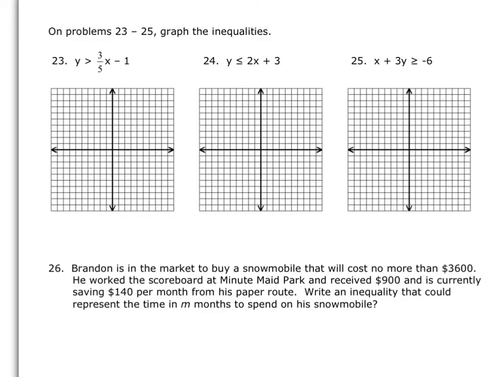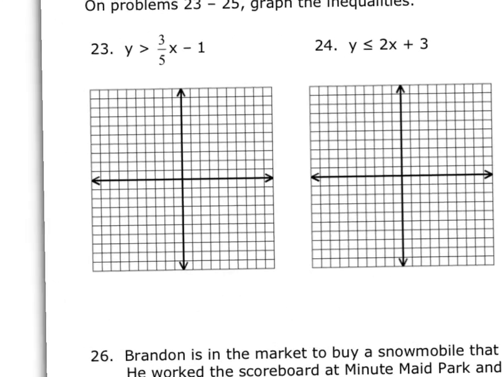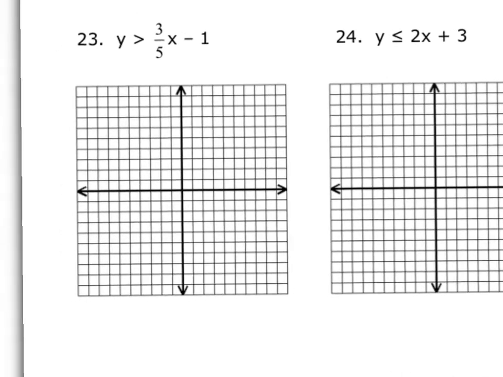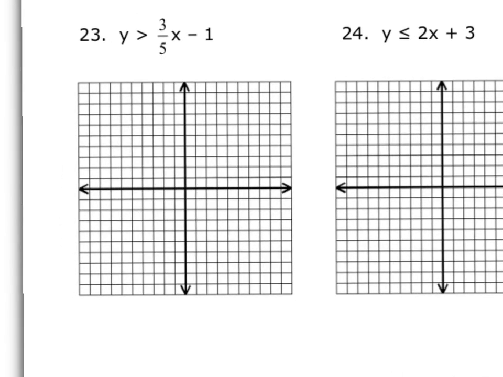For problems 23 through 25, graph the inequalities. So I'm going to graph each of these inequalities. First thing we want to do is graph just the points that would be on the line, the individual whole number points that we can use. So we will start at -1, right? That's our y-intercept. So right there. I'm going to change colors.